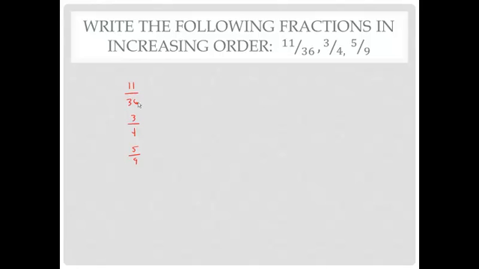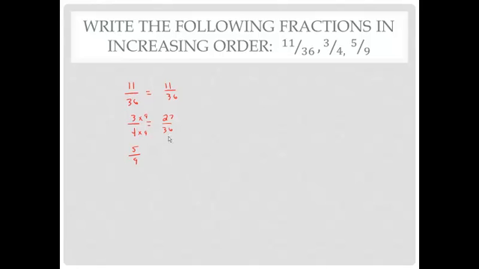The common multiple of 36, 4, and 9, the first number that all three of those will go into, is 36. So we're going to leave the first fraction the same because it already had the denominator of 36. The second fraction did not. The second denominator was 4. I had to multiply 4 times 9 to get 36, so I need to multiply the top number by 9 also.